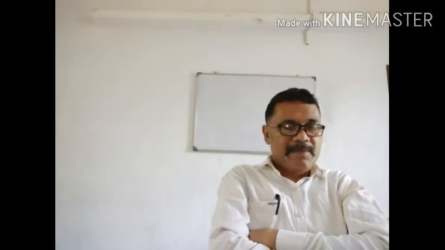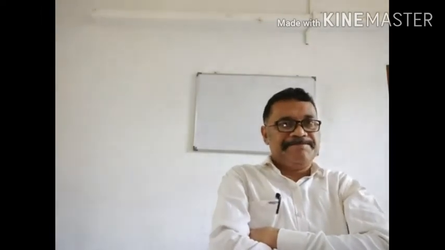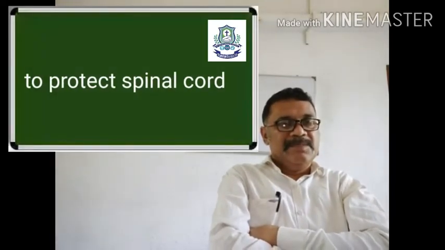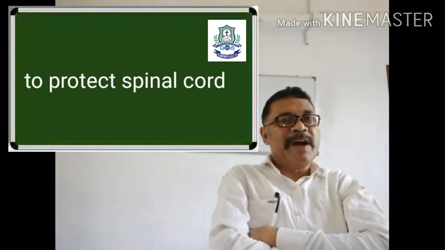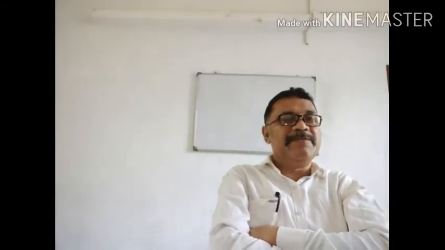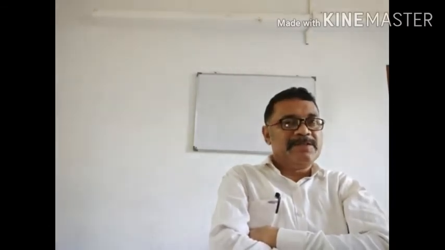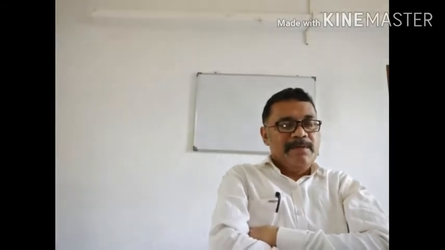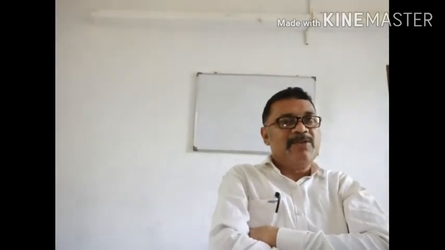Now what is the function of this vertebral column? The main function is to protect the spinal cord. Our spinal cord carries information from different parts of our body to the brain. This is the function of the spinal cord. And this spinal cord is protected within the backbone or vertebral column.